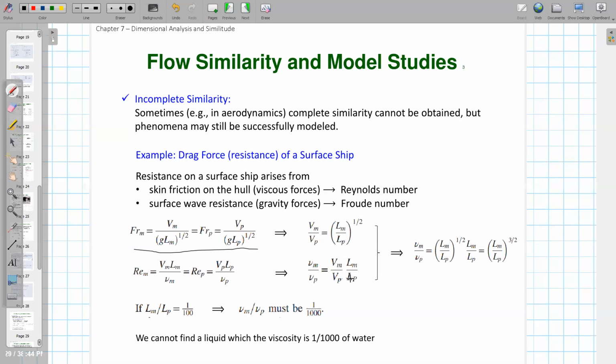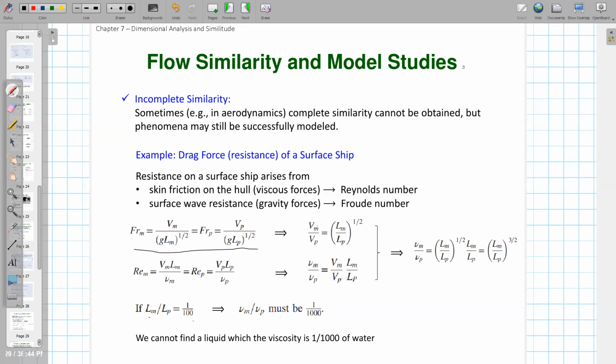All right, and so let's assume that I just want to shrink the ship to 1%. So what does this mean? That means the velocity ratio will be 0.1, and mu m over mu p, based on these two values, has to be 1 over 1,000.